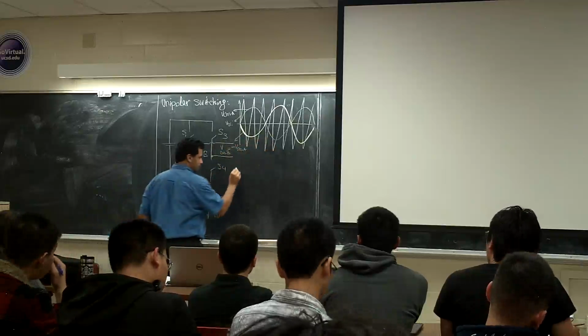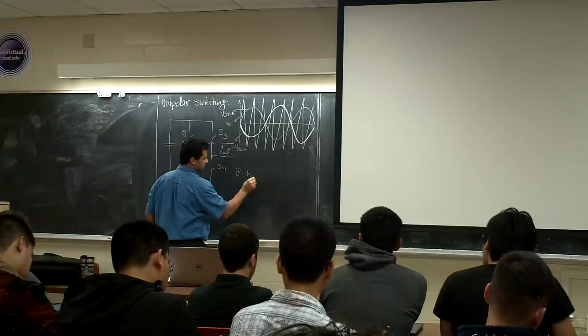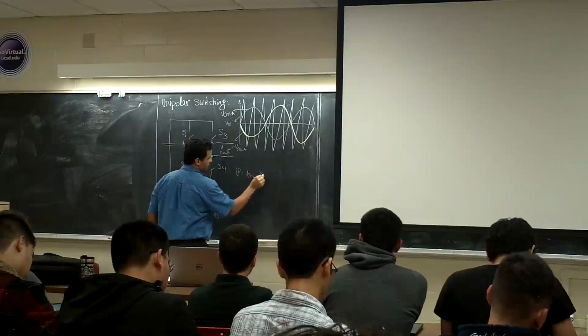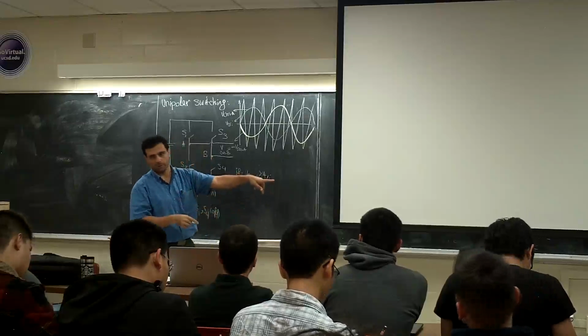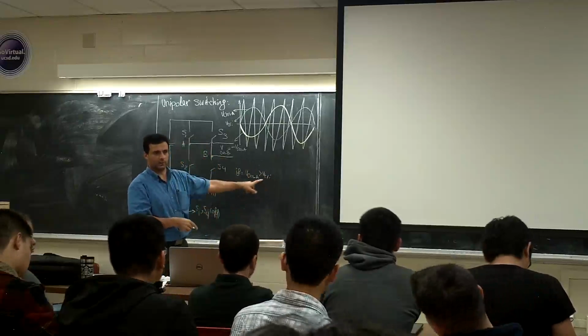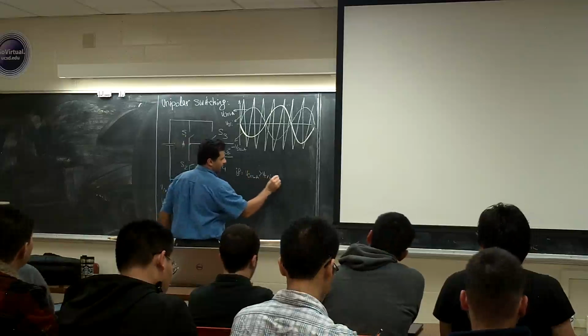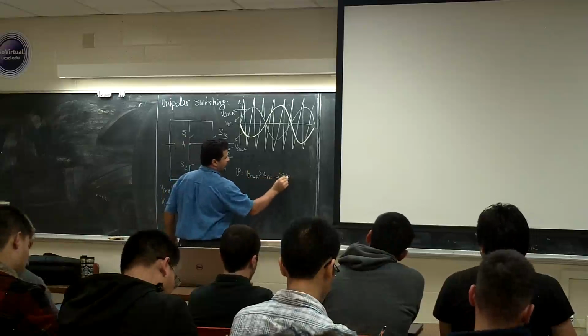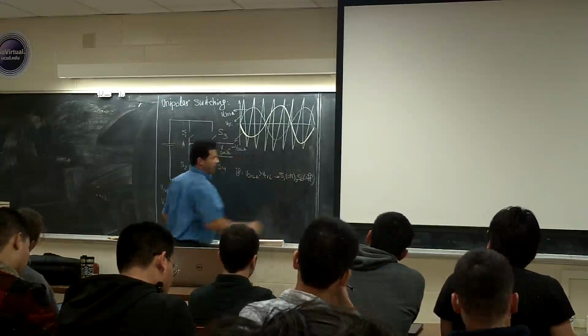If VCon A is more than VTRI, can everybody see here? I don't know if this one is blocking or not. Over there, can you guys see this one here? If VCon A is more than VTRI, S1 is on and S2 is off, right?